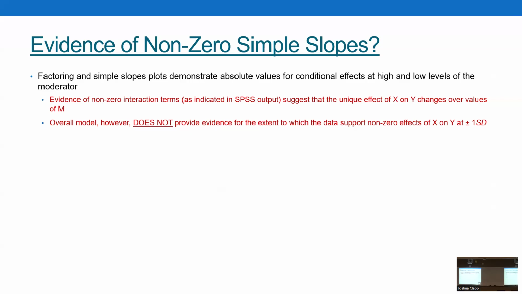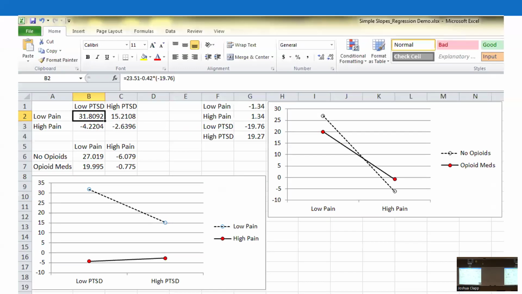Okay. Now, what this doesn't give me is the extent to which we have non-zero effects at a standard deviation above or below. I know based on my model results that I can say with some level of confidence that yes, pain moderates the relation between PTSD and functioning, and that opiate use moderates the relation between pain and functioning.